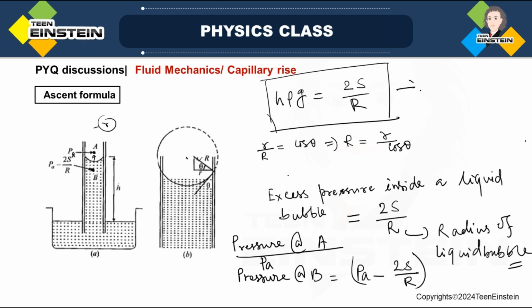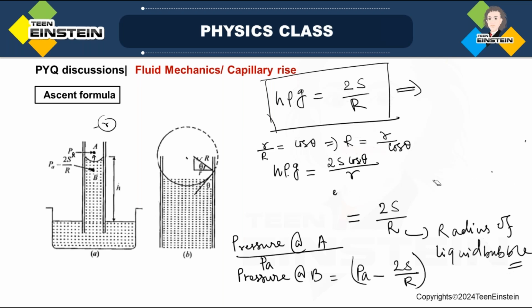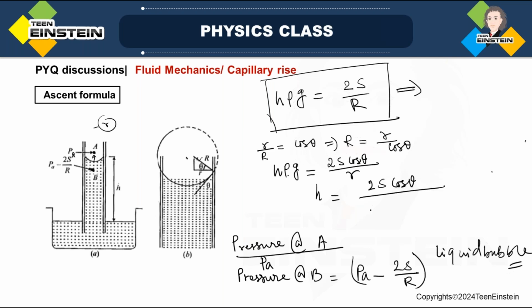If we put it here, we'll get h rho g equals 2S cos theta by small r. So if the angle of contact is given for a particular capillary tube, solid and liquid surface, if the surface tension is given, and if the radius of the capillary tube is given, then I can calculate h using this formula: 2S cos theta by rho r g.